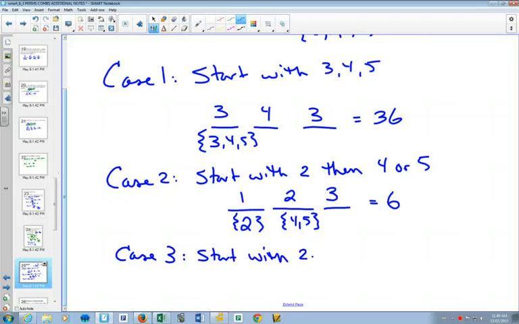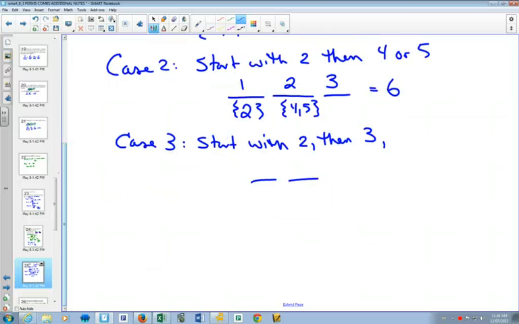So I'm going to start with 2, then 3. One choice there, one choice here. What are the numbers that are possible for the end to be bigger than 232? 4 and 5.